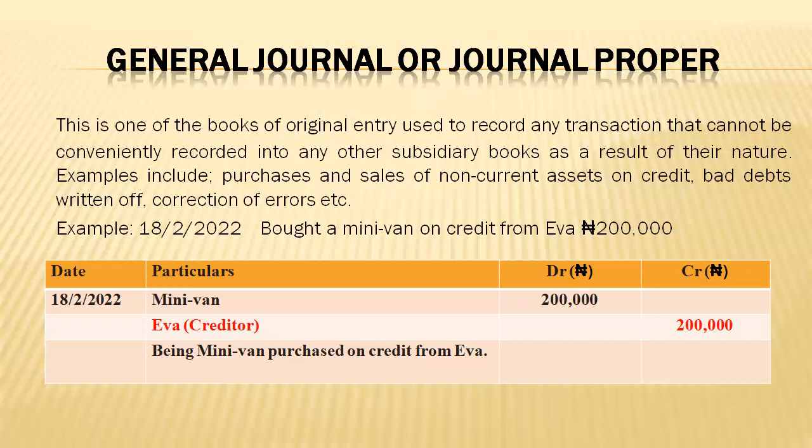general journal. So don't forget, whenever we talk about purchases or sales, we are referring to inventory. But when we talk about purchases or sale of non-current assets, we are referring to assets. The difference is that purchases and sales refer to inventory that are bought for the purpose of resale.